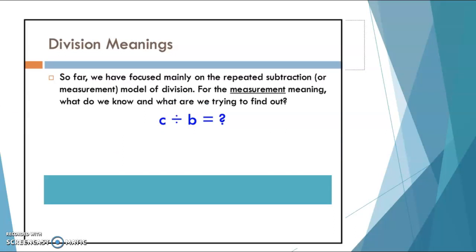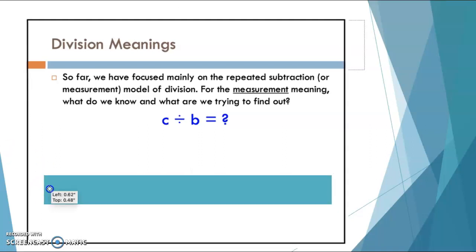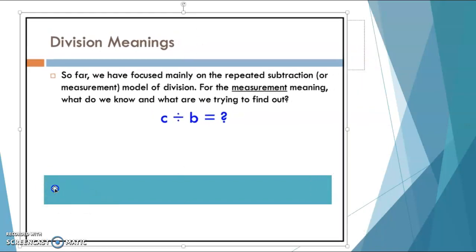So far, we focused mainly on the repeated subtraction or measurement model of division. For measurement meaning, what do we know and what are we trying to figure out? You can go back and look at the previous slide. C divided by B equals.